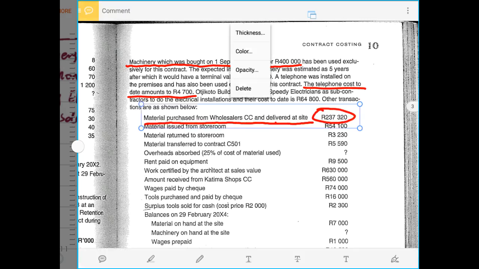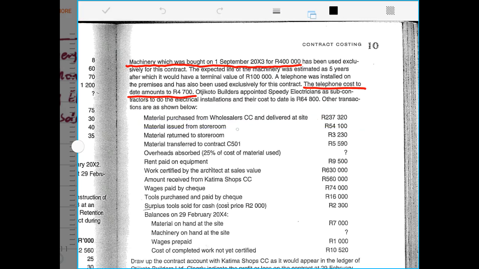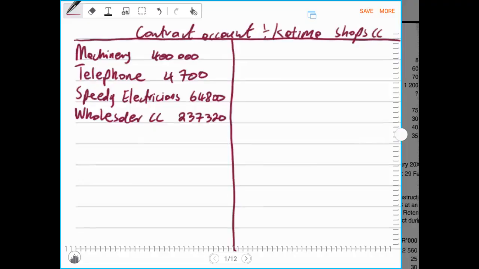The next entry was the material that was issued from the storage, so that will be from the material control. If you are familiar with chapter 8 and chapter 9, when we transfer material from the storeroom, we record material control, and this is 54,100.